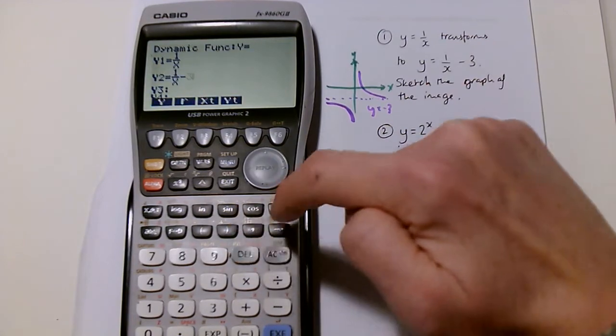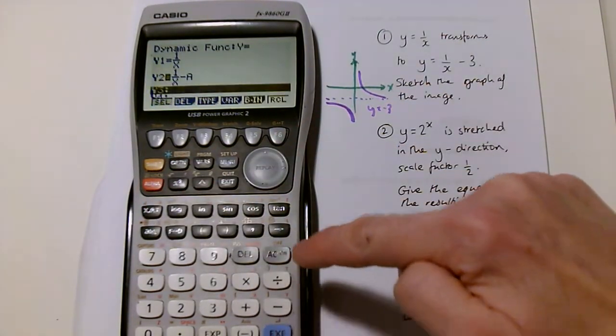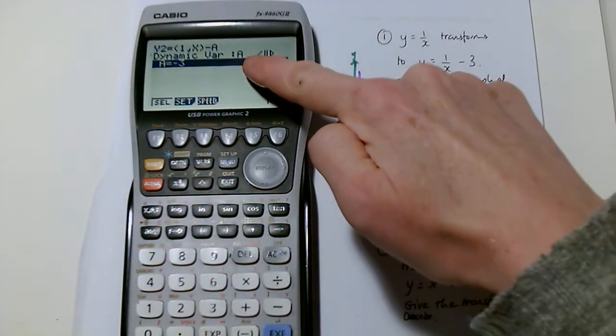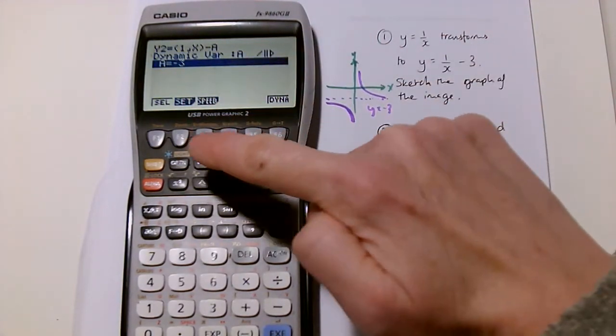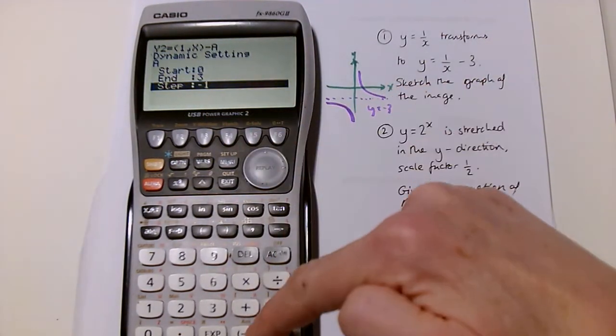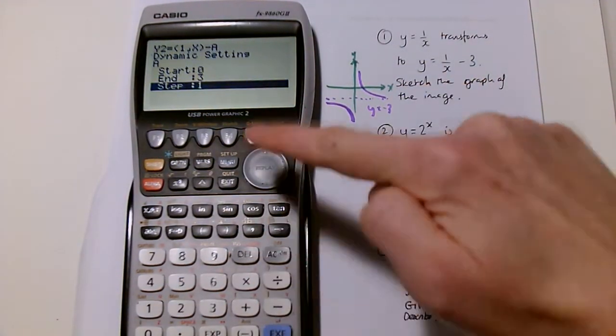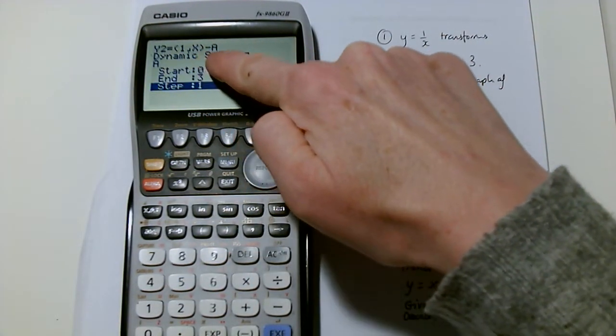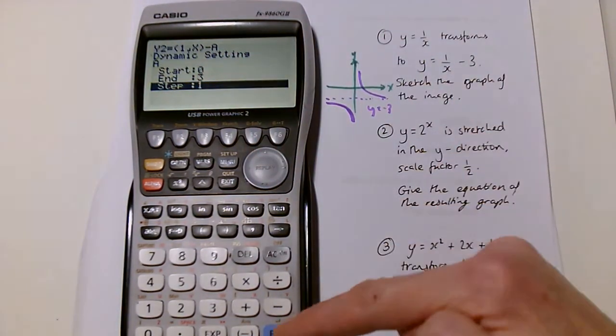So I'm going to delete that and put alpha a. And then I'm going to say my variable is a. At the minute it's -3, but I'm going to set it to go from 0 to 3, in steps of 1. Because we've got 1 over x minus a, so it needs to be taking away a positive.